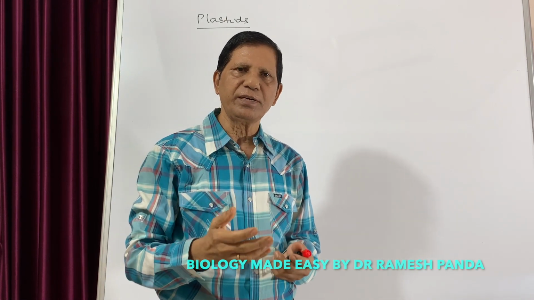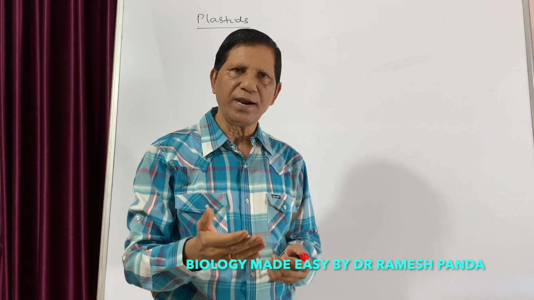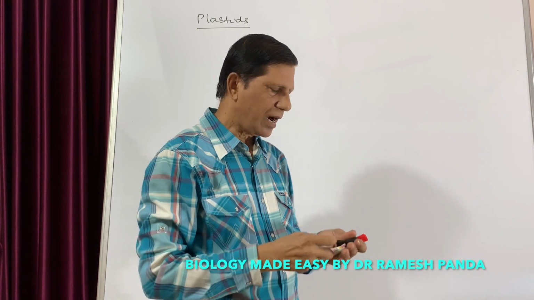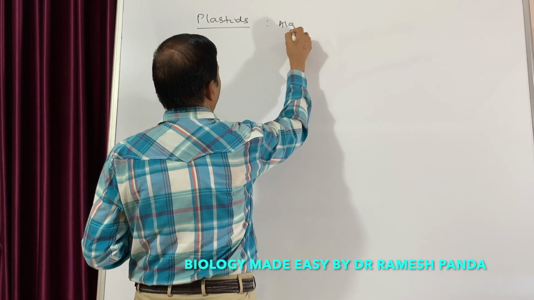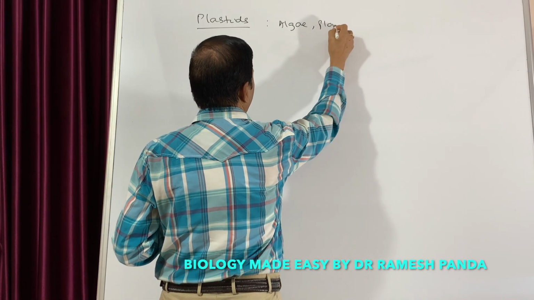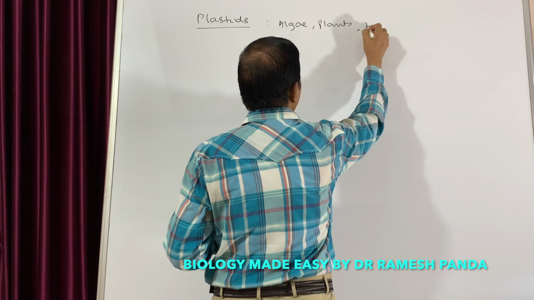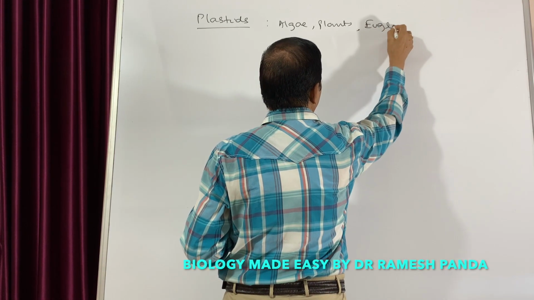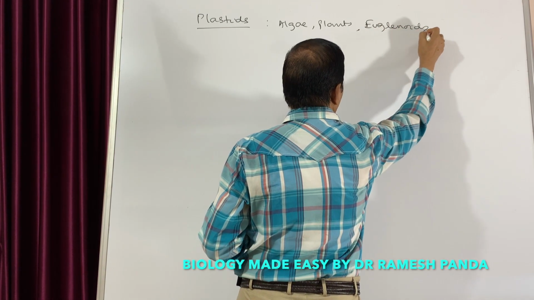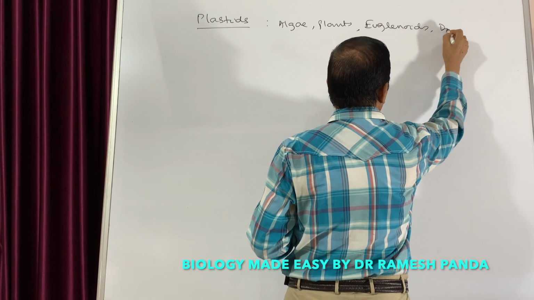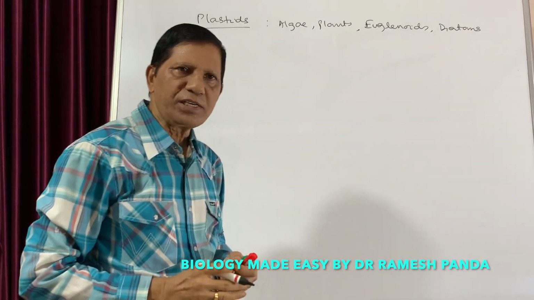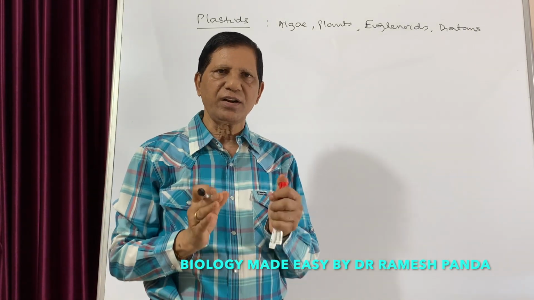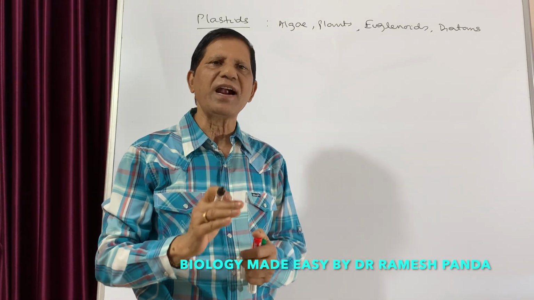They are usually present in algae, plants, some euglenids, and also diatoms. And usually the plastids are the largest organelles of the plant cells.